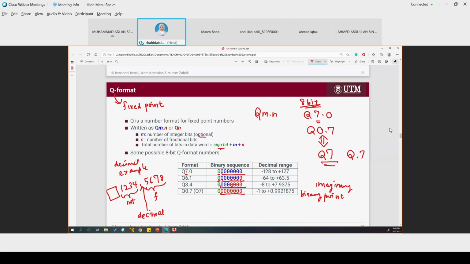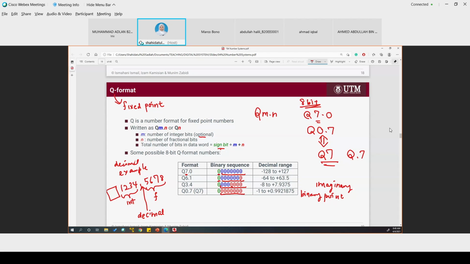The decimal range is the binary part added to the fraction part. For Q70, since there's no fraction, the decimal range equals the 2's complement range, because we have 1 sign bit and 7 integer bits, so the decimal range is between negative 128 and positive 127.